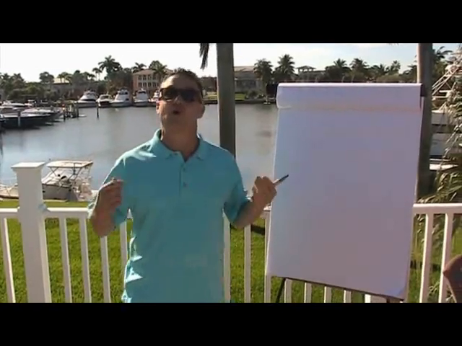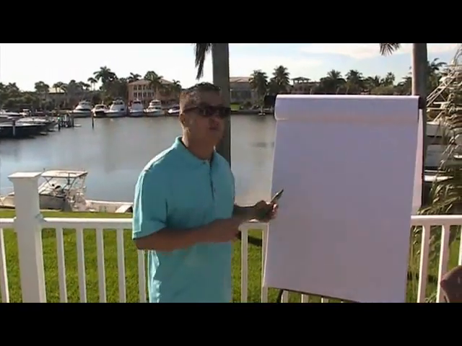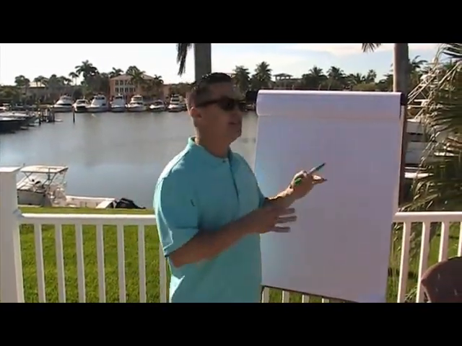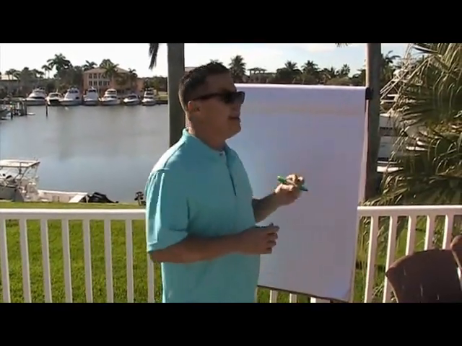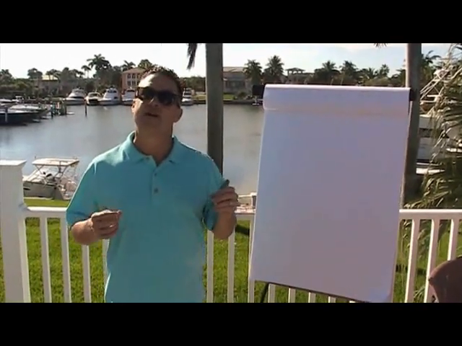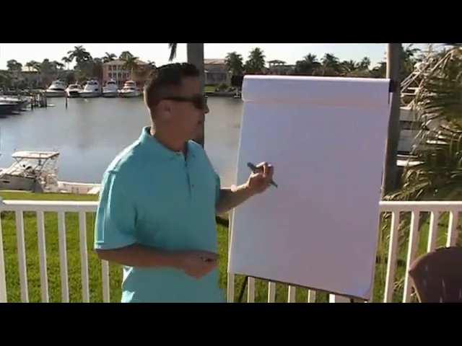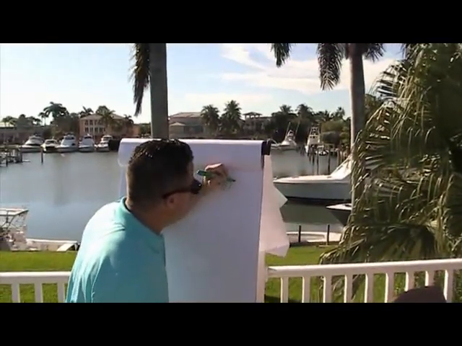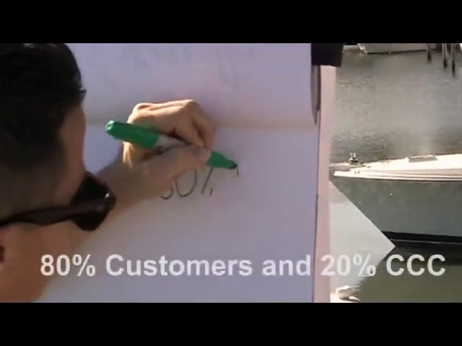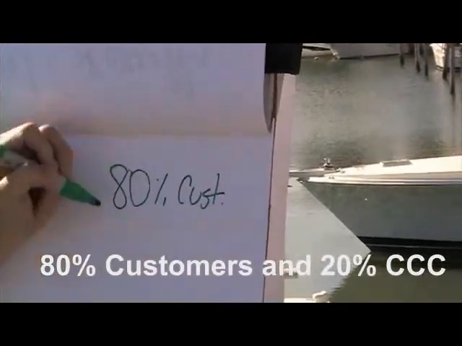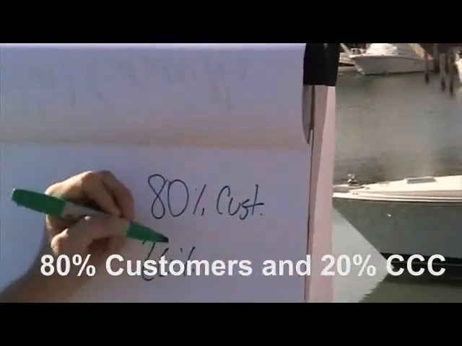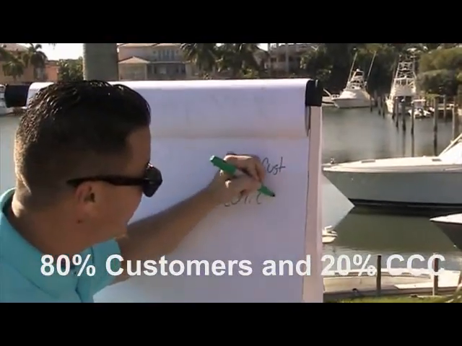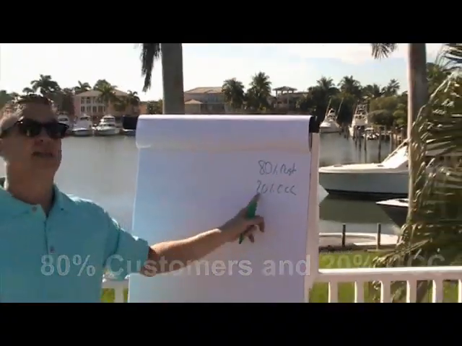Now, before I show you how to grow your network exponentially, I just want to hit on something really quick. Network marketing done right should look like this. Your network should look like this. 80% customers and 20% what I call committed consumer coaches.